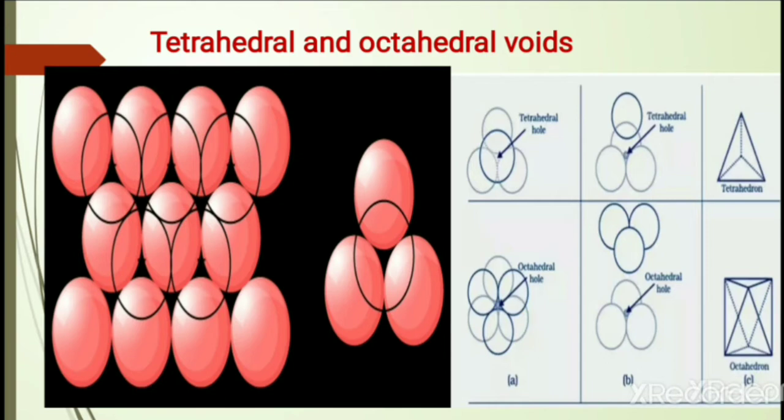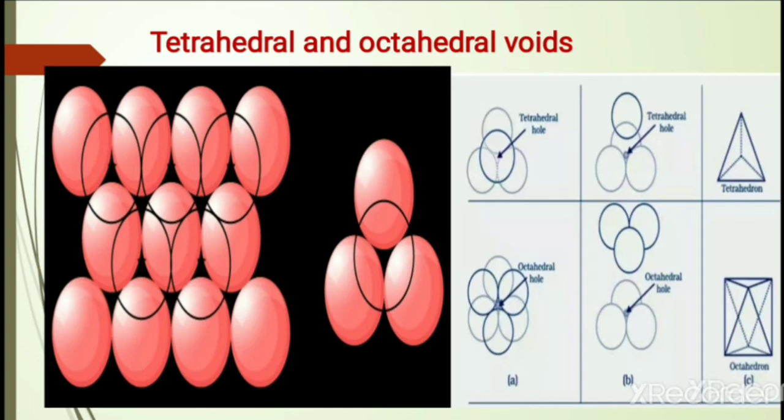Then, place three atoms below and three atoms on the above side. Then this forms the octahedral void. See in this structure, three atoms are below and three atoms are placed above. They are in alternate positions. The first and the second layer are in alternate positions. Then they form the octahedral void.